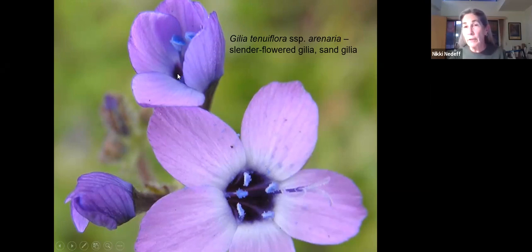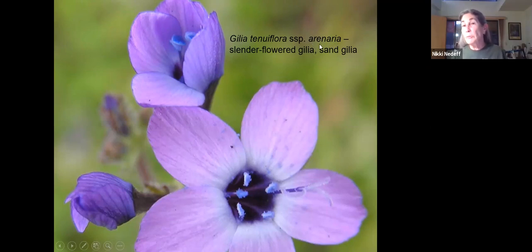Here you can see them exserted. Now this is interesting to me, subspecies arenaria. This is called sand gilia. And what's this word in Spanish? Arena, that's sand. So there's something being told here. There's a story about this plant. There's an adjective that describes this plant.